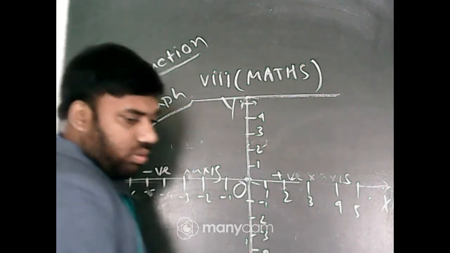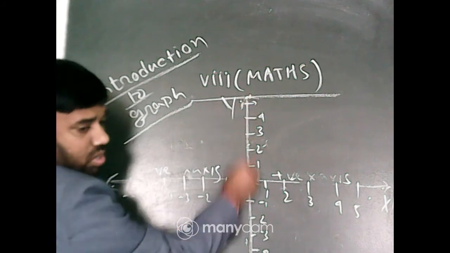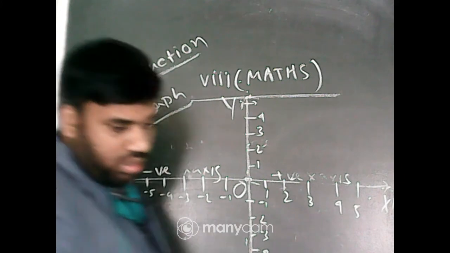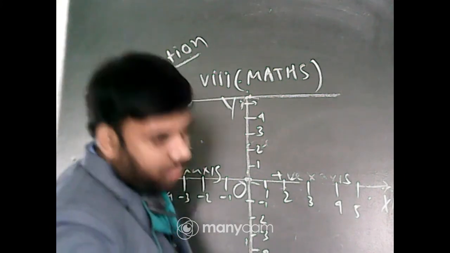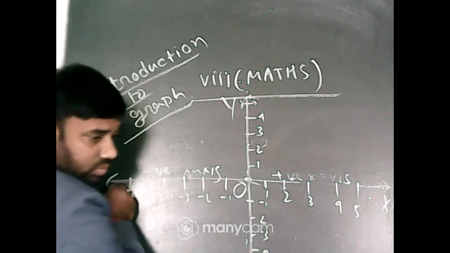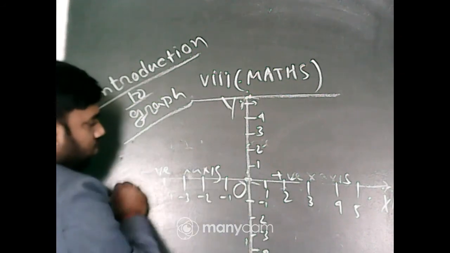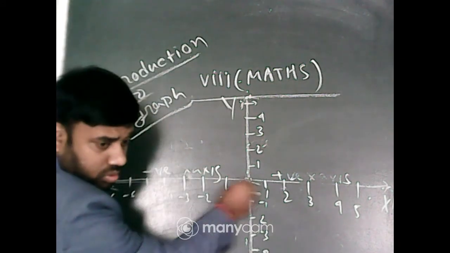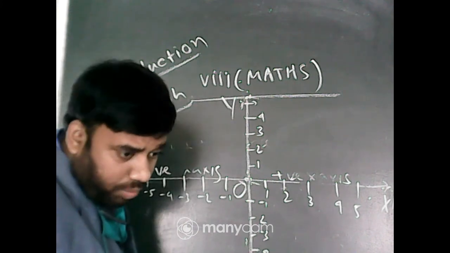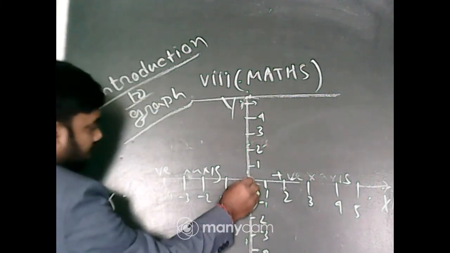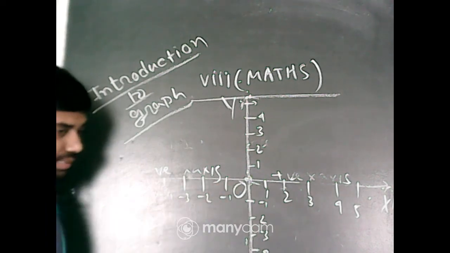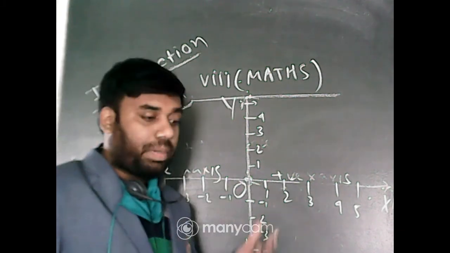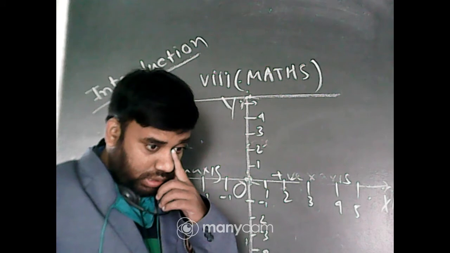X positive, very good. Y positive, okay. This one. Hey, positive y-axis, how is it possible? This side is the negative x-axis. Oh, positive axis, the upper part. First question, okay.